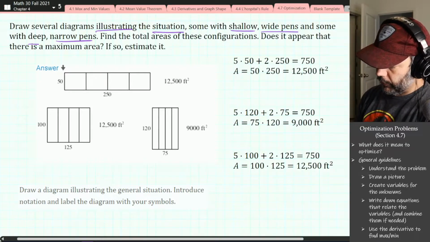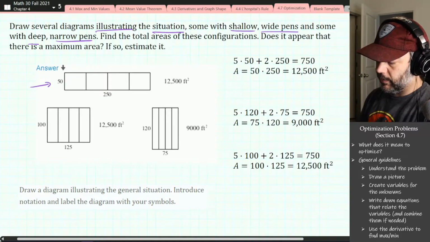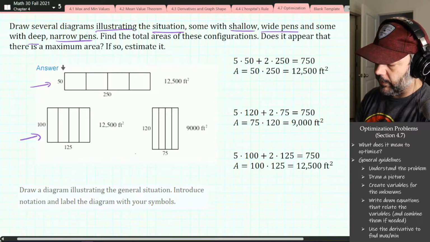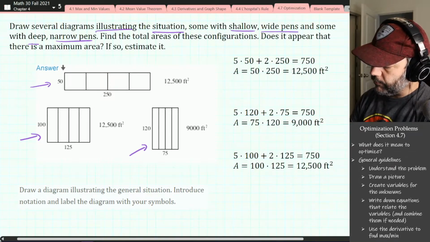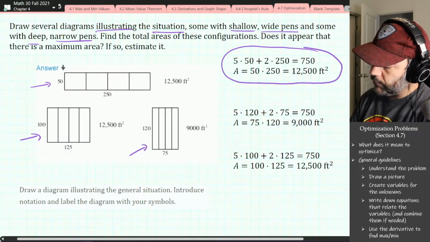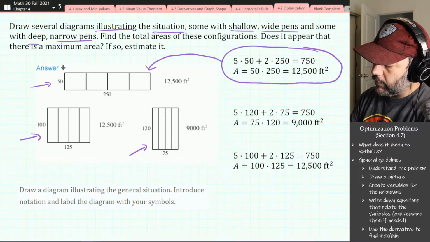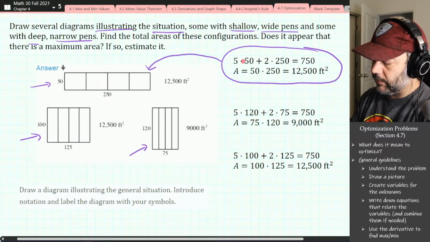We could just get the idea. But I just wanted to show you that there's a couple of different ways we could end up drawing this. These examples here have concrete numbers, and I actually did the calculations. So this one matches this case. There are five fencings of length 50.